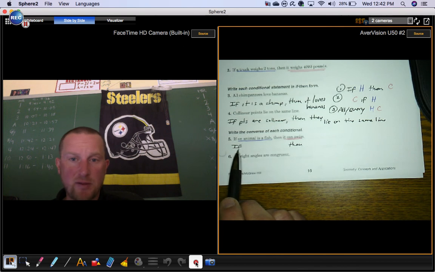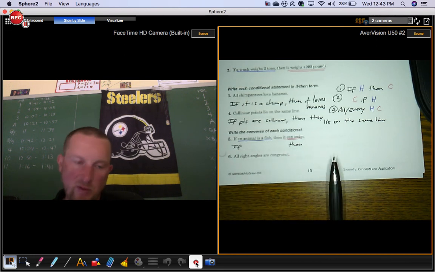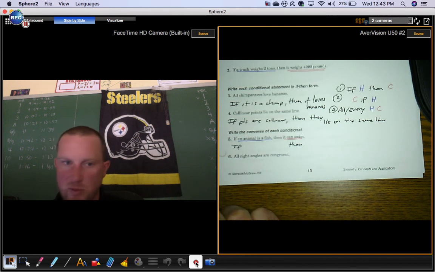For number 5, let's switch the red and the blue. What would it look like? If it can swim, then an animal was a fish. If you write that, it's okay. But we should be a little bit better with our pronouns. We should always put our pronouns second.